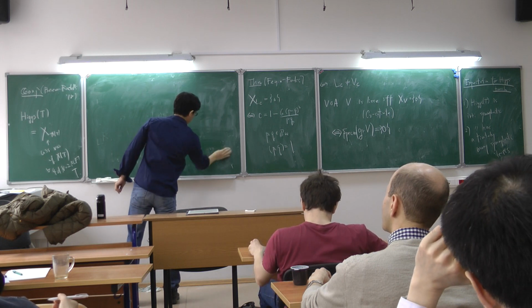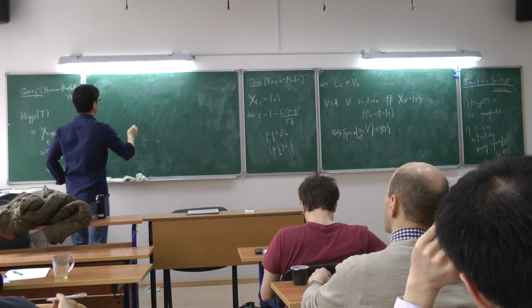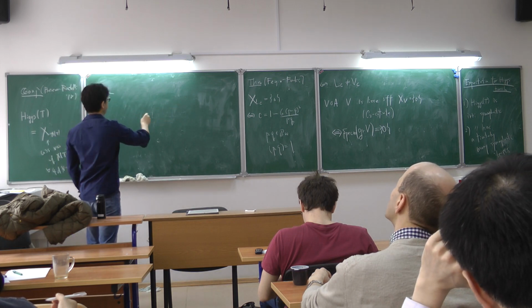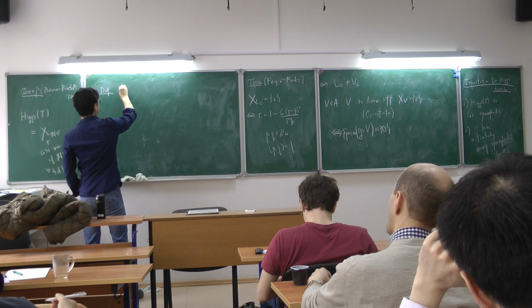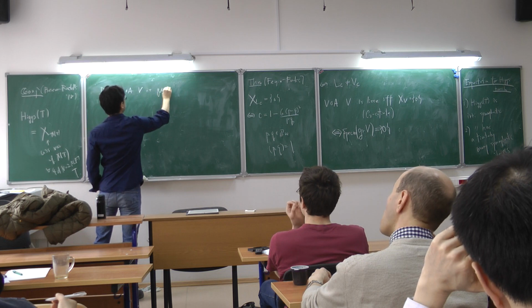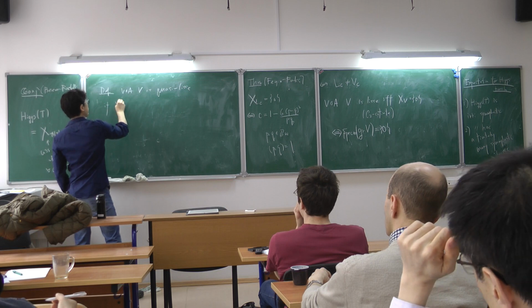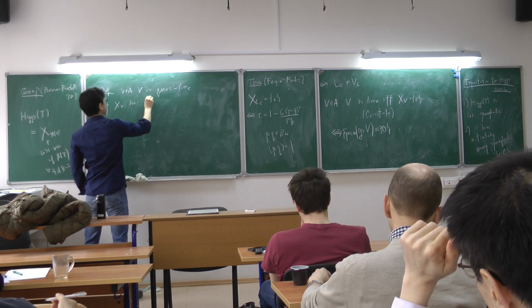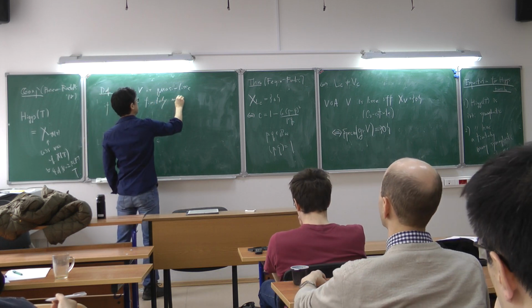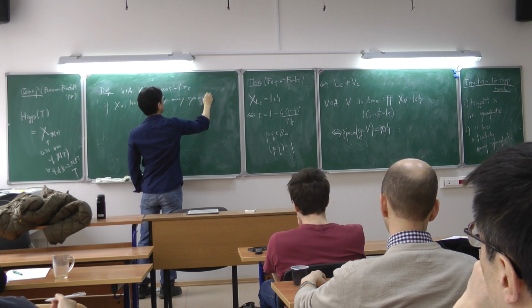So, in connection with this theory, it makes sense to consider VOAs having that property. So let's say a VOA is quasi-lisse if the associated variety has finitely many symplectic leaves.